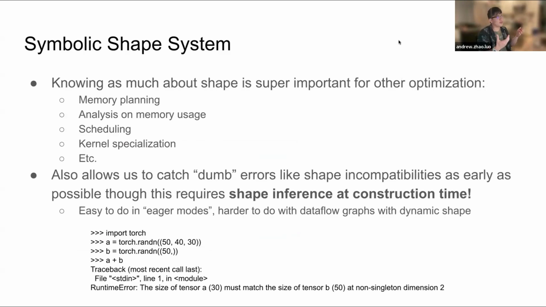One other benefit it gives us on the Graph API side is actually an improvement in UX. And the reason for this is the Graph API takes this graph building approach instead of eager execution. What this basically means is that it is very easy to create IR which might not shape check at runtime. And that's bad because it makes the identification of invalid programs dependent on actually running the thing with regards to shape.